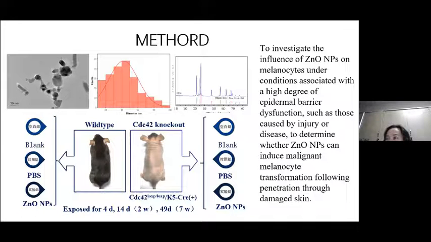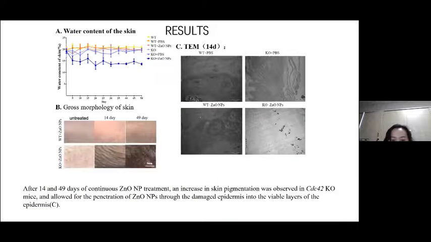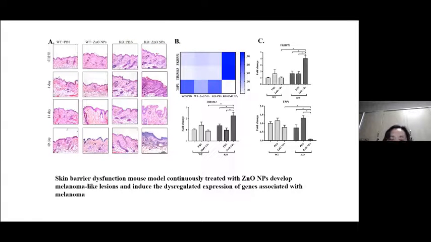And we can see in the deeper epidermis layer, there are many particles in it. Next, we use the light microscope to observe the skin.